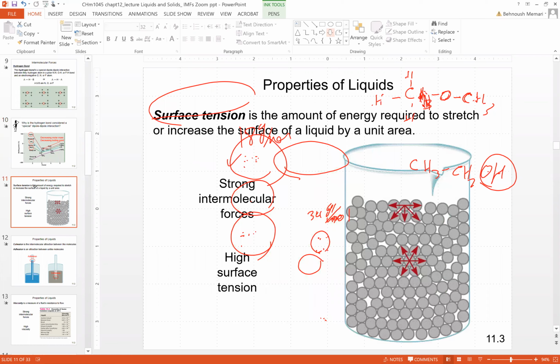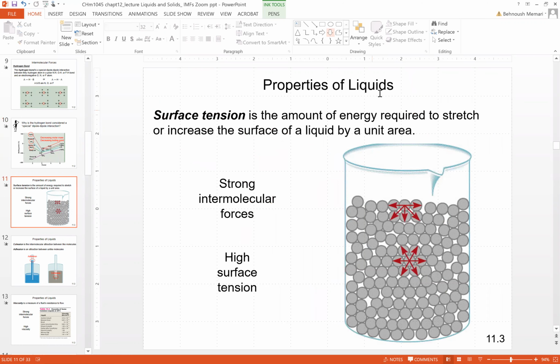Intermolecular forces affect the physical properties. It affects the boiling point and melting point directly. It also affects other physical properties for liquids. This only applies to liquids: the surface tension. The surface tension is the force that you have to overcome, the amount of energy required to stretch or increase the surface of a liquid by the unit area.